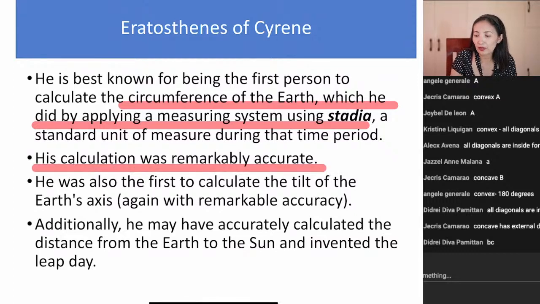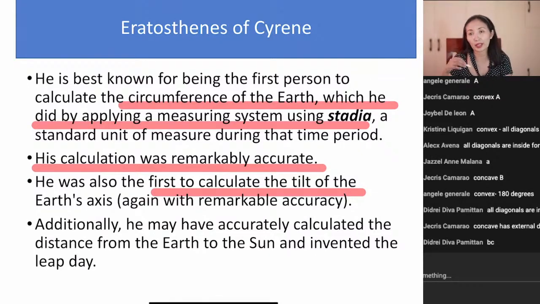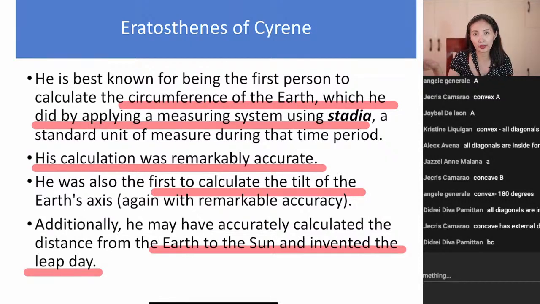He was also the first to calculate the tilt of the Earth's axis. He may have accurately calculated the distance from the Earth to the Sun, and invented the leap day, the leap year. So we have to give credit to Eratosthenes for all of these significant contributions.